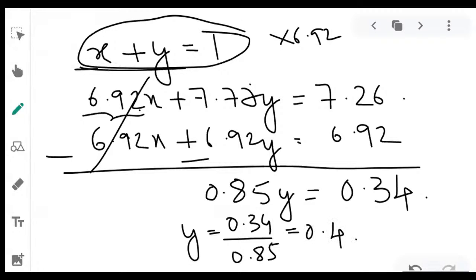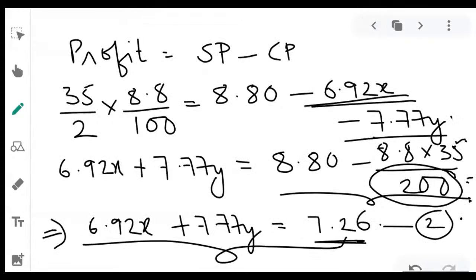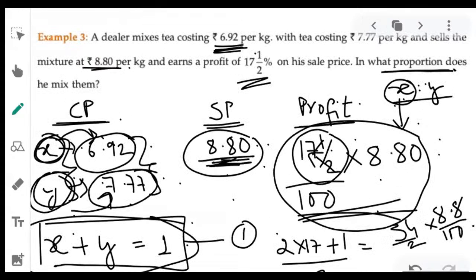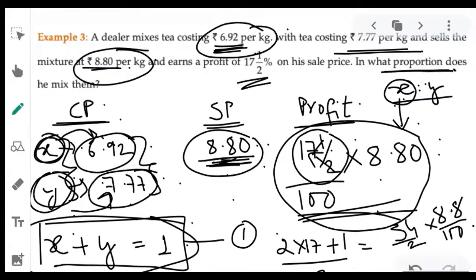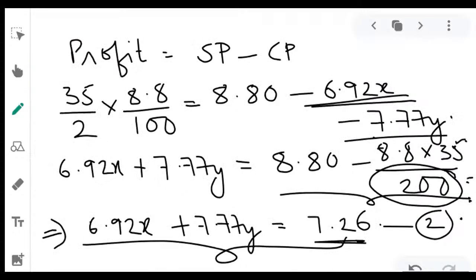X plus y equal to 1, we know that. So what is x equal to? 0.6. So if we take 0.6 kgs of first type of tea and 0.4 kgs of second type of tea to form 1 kg of this new mixture tea, you'll get a profit of this, right? That is the proportion that they're asking for.